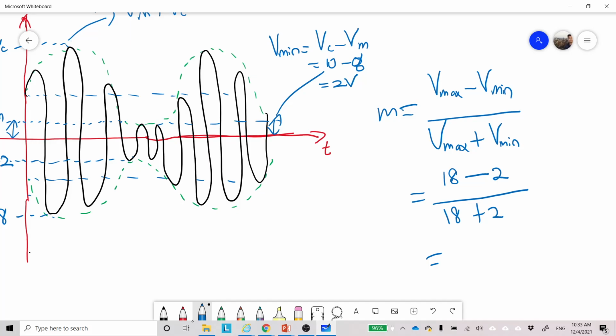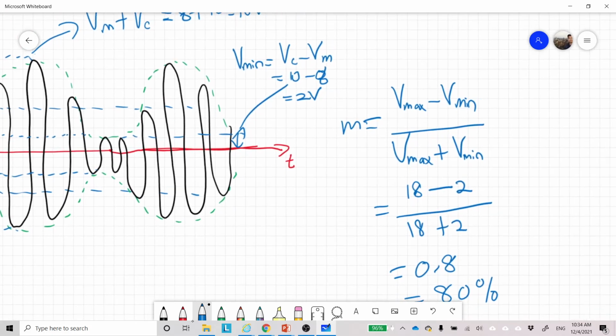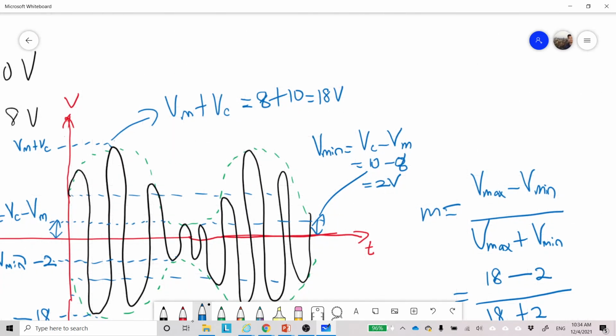So this is 16 divide with 20, so you get 0.8, or this is also equal to 80%. So this is similar, sama juga, it is also similar if you calculate in term of Vm over Vc. Sama juga kalau you buat M equal to Vm over Vc.